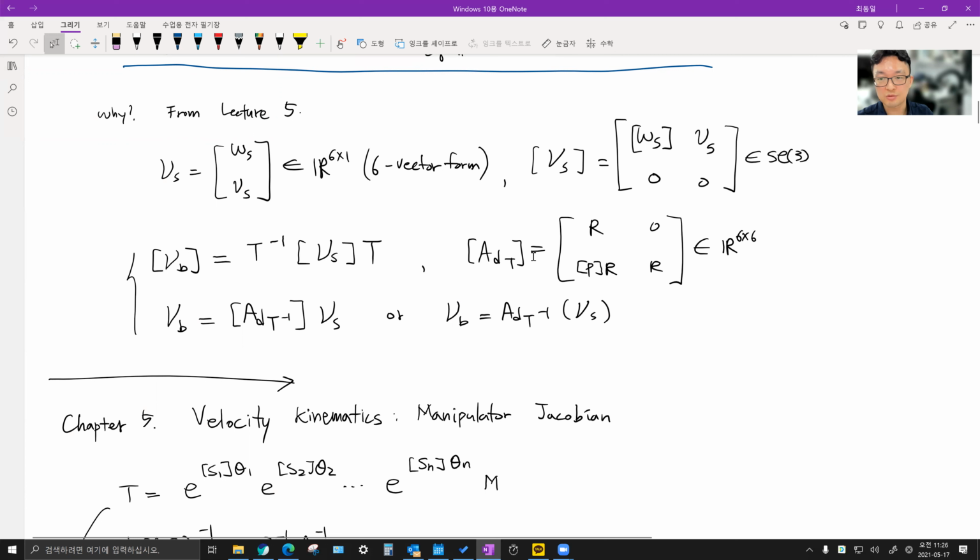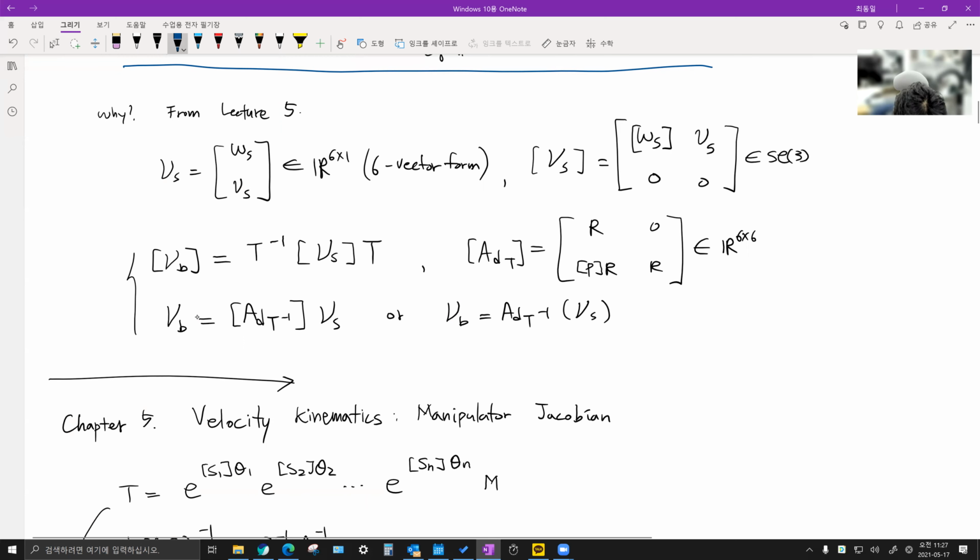And if we make the 6 by 6 adjoint matrix and multiply it in front of the 6-vector form twist, we get the 6-vector form body twist.